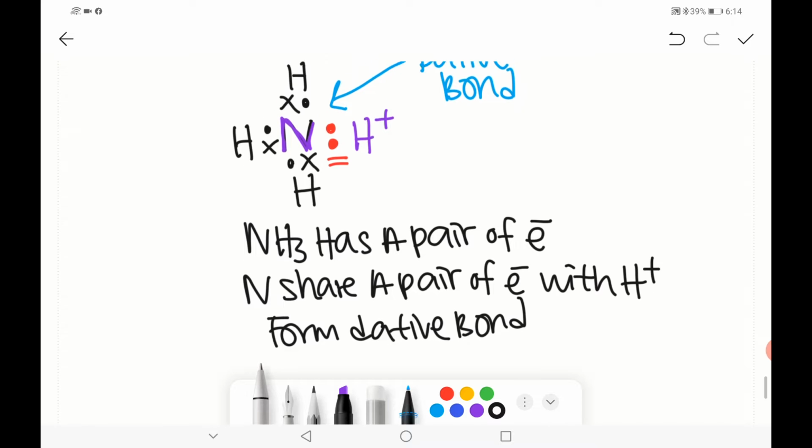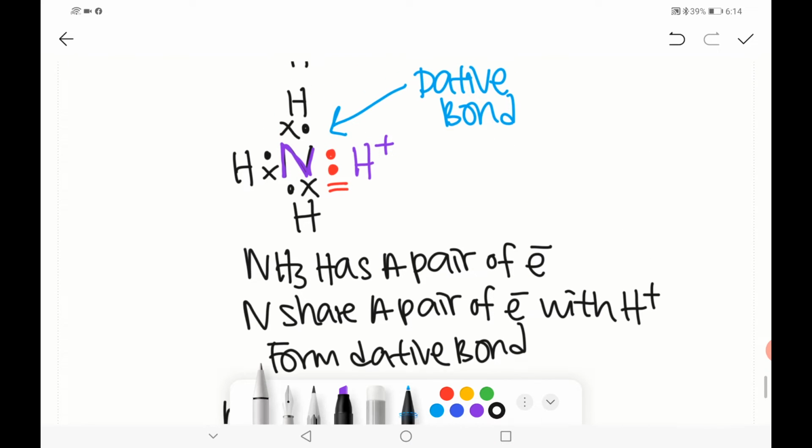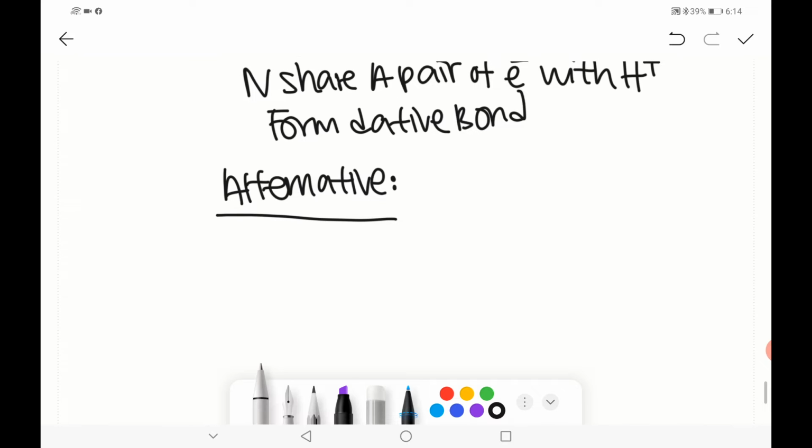Sometimes there is another way they can draw it. This is an alternative way you can see how they draw. Sometimes they simplify it like this. This is nitrogen, with dot cross dot cross dot cross. This is one of the diagrams that we have.